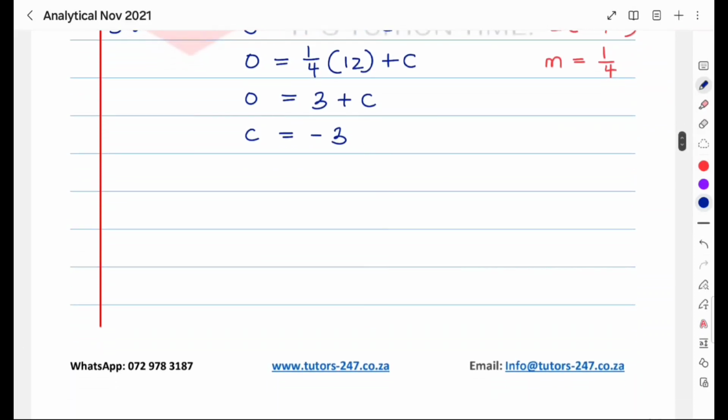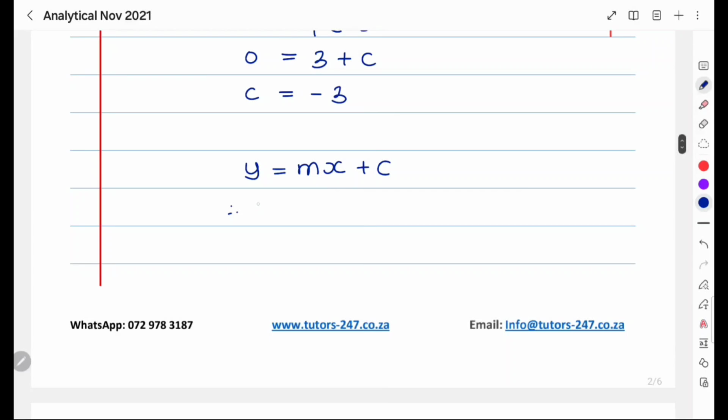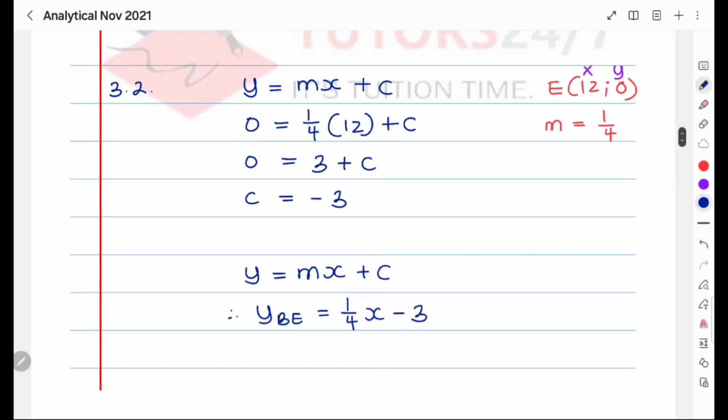Now, we are going to substitute m and c into the equation of a straight line. And we therefore have the equation of the line BE as equal to 1 over 4 x minus 3. And that is it. That is the equation of the straight line BE.